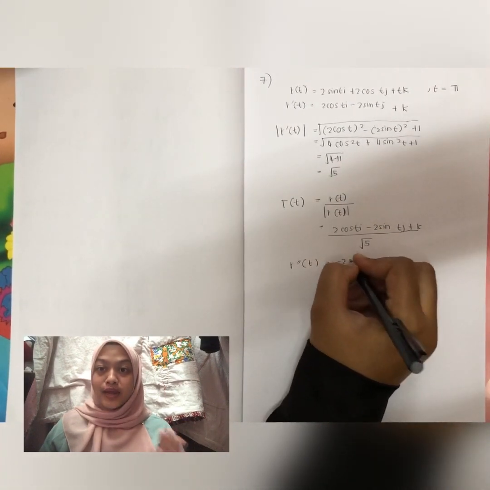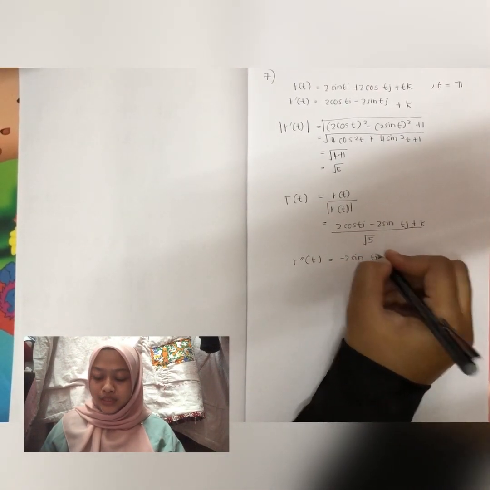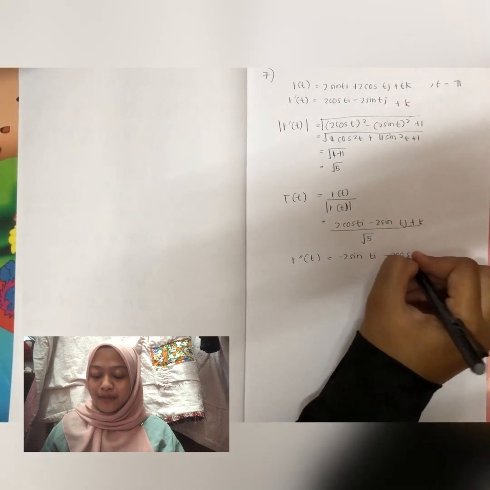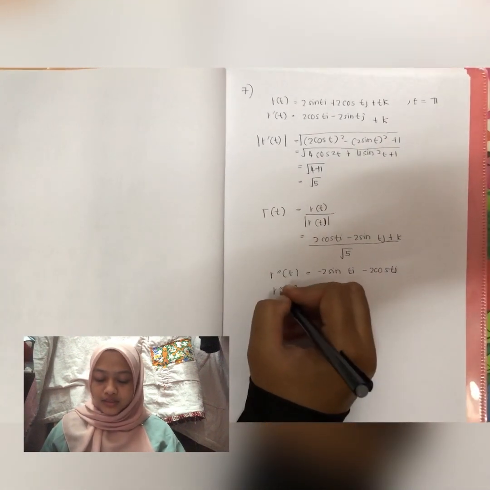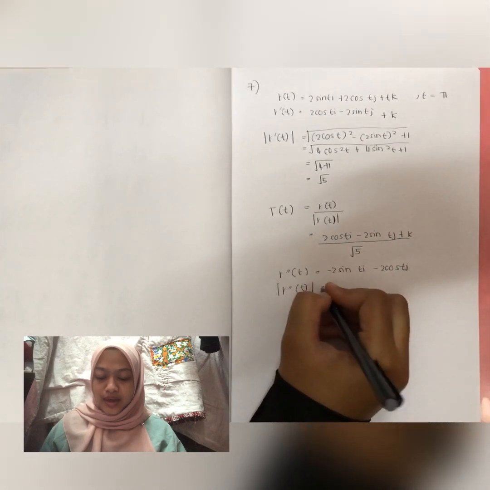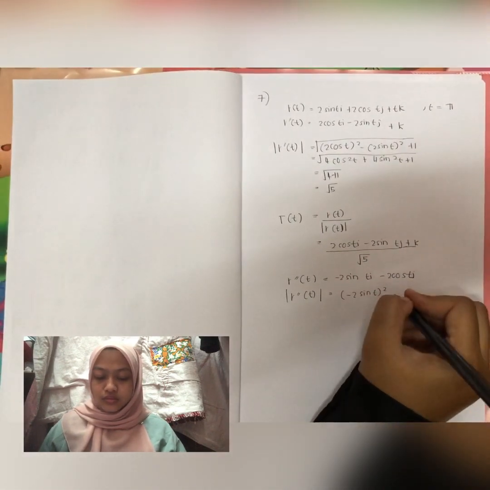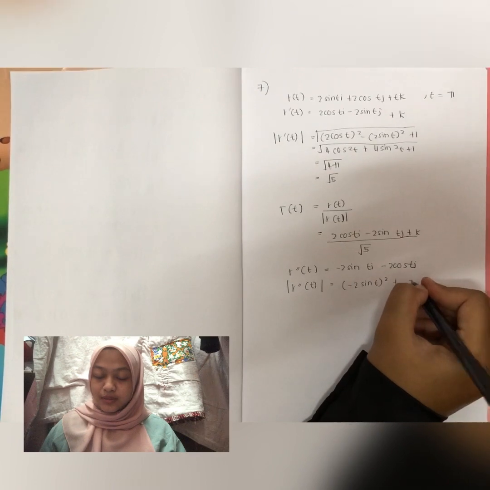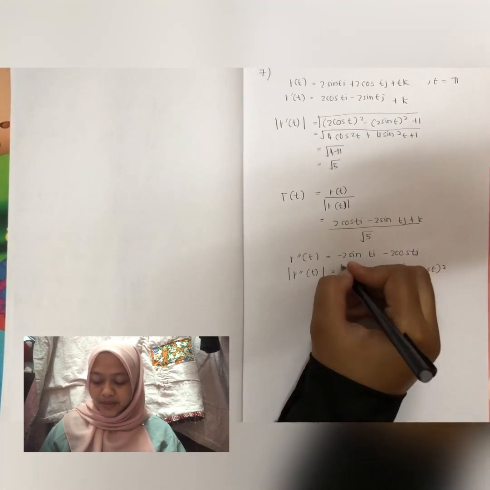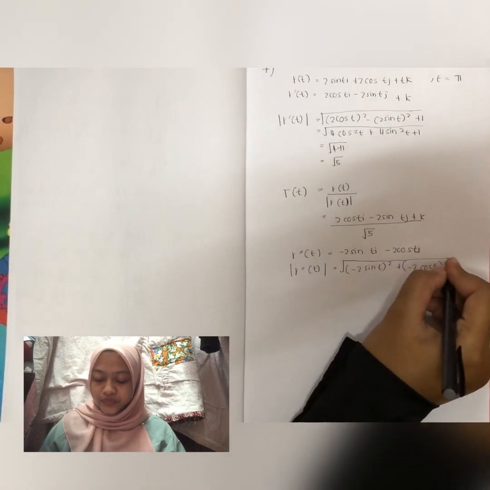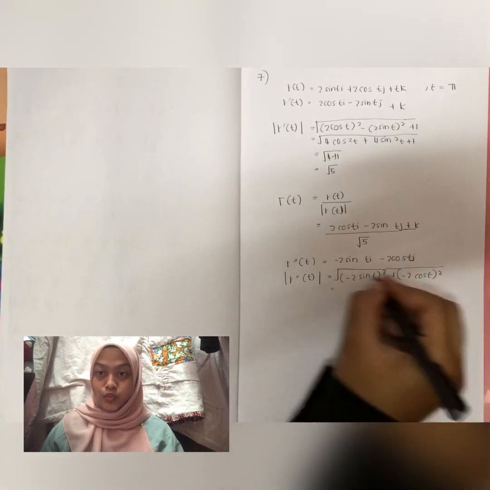Then, find r double prime t. We got negative 2 sin t i minus 2 cos t j. After that, we write the absolute value of r double prime t, which is the square root of (negative 2 sin t) squared plus (negative 2 cos t) squared. Solve the equation above.